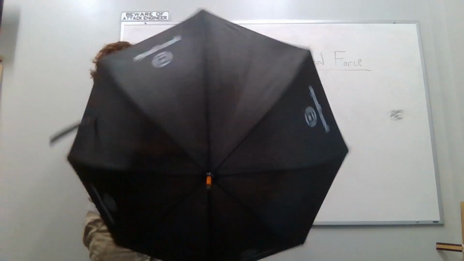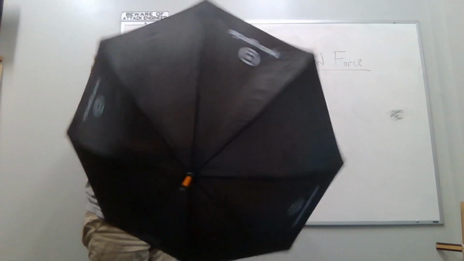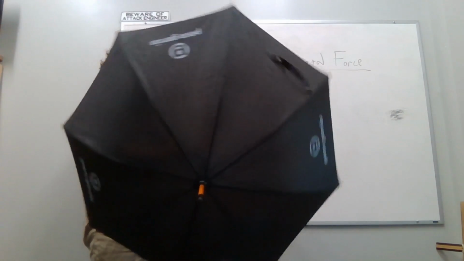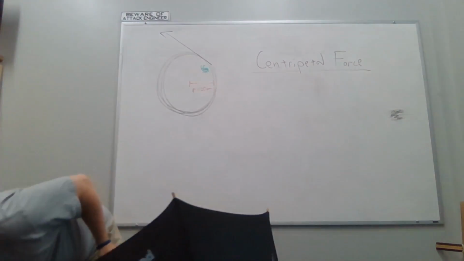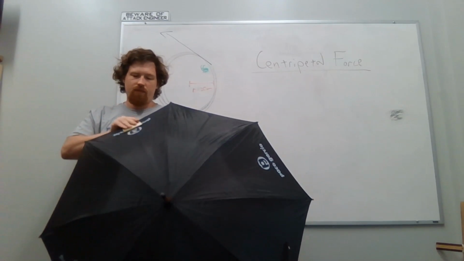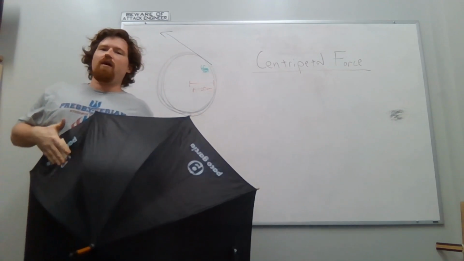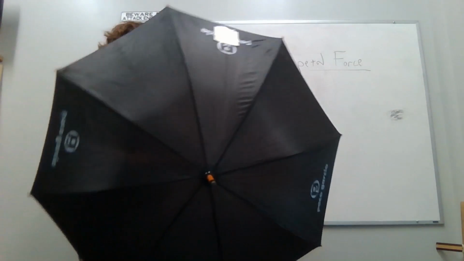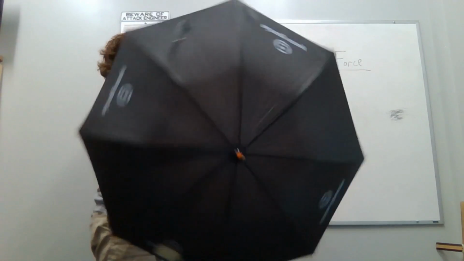Right now we can look at the umbrella as an object that is rotating about its center axis. But we can also look at the sticky note as a separate object that is orbiting around the center of the umbrella. So both objects are rotating. They both have the same rotational tendencies right now. They have the same angular speed, same angular acceleration.